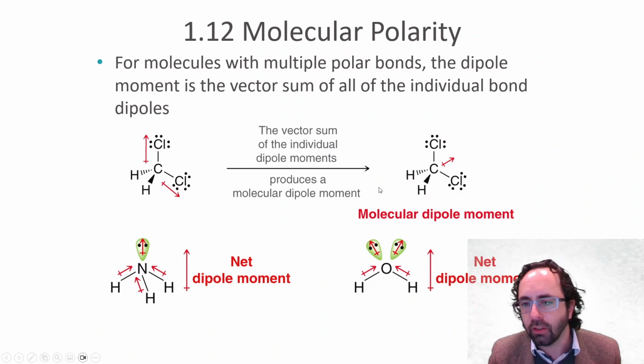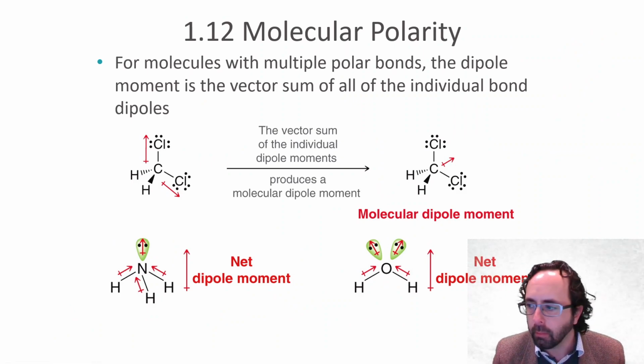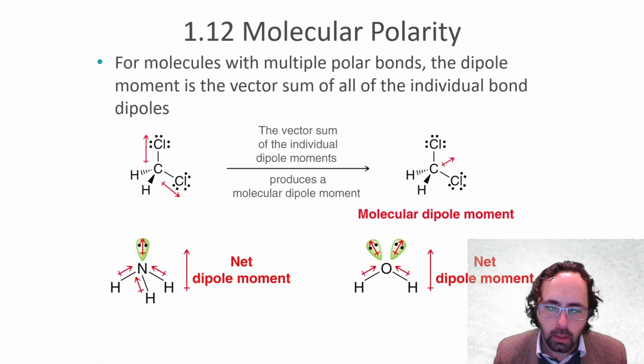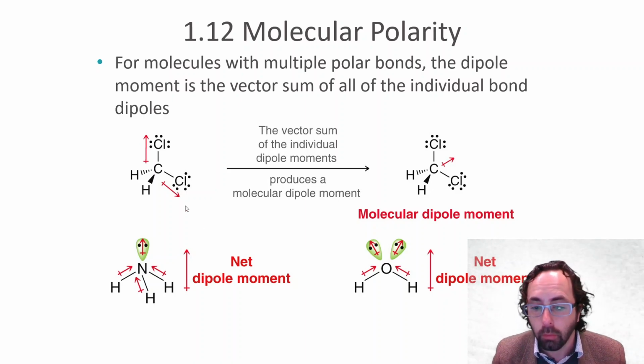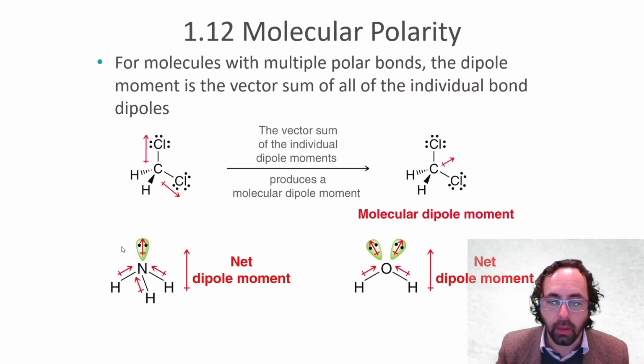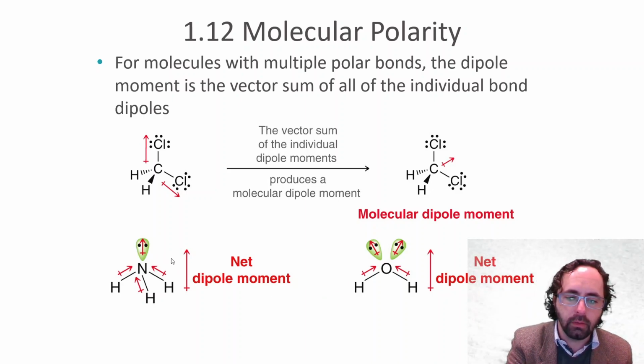Now, depending on the shape and the polarity of bonds, molecules may be polar. And so based on that polarity, you will potentially have a net dipole moment in the molecule. So for example, nitrogen is far more electronegative than hydrogen, and because of the shape, the electrons are pulled towards the nitrogen, making the nitrogen side partially negative up here, and the hydrogen side partially positive.